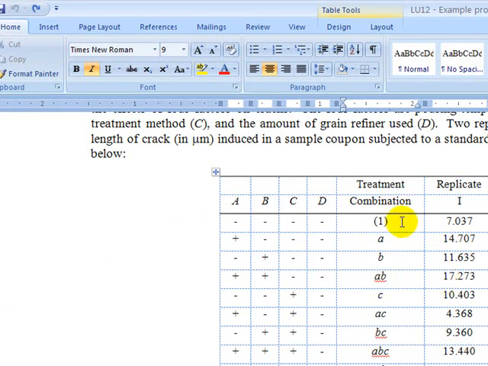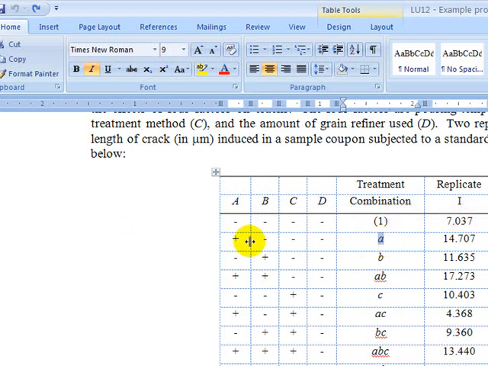For example, if only letter B is given to you, then you should be able to tell that the A, C and D, these 3 factors, low levels are used, but for factor B high level is used, right? Like you can see here, whichever factor is at high level, we represent that factor by a small letter.